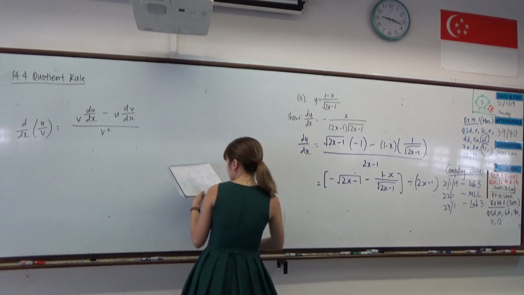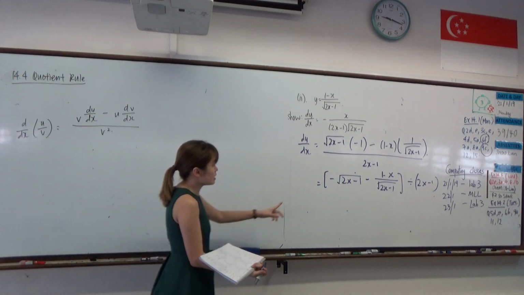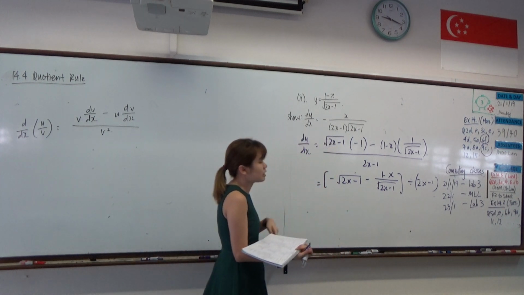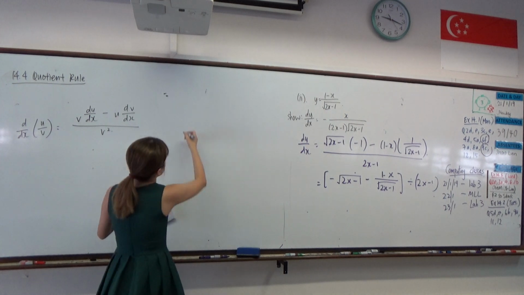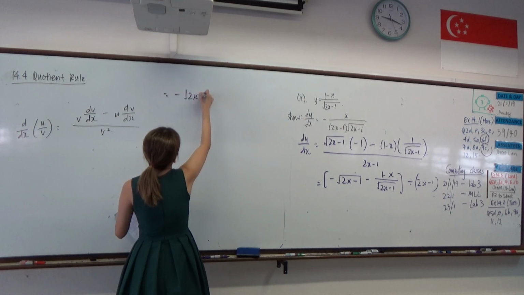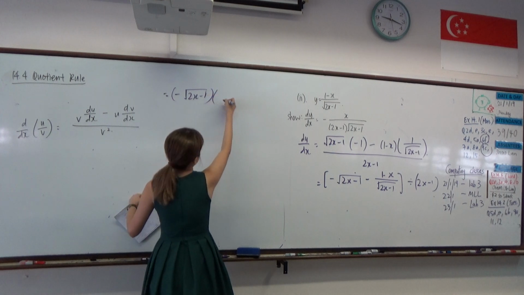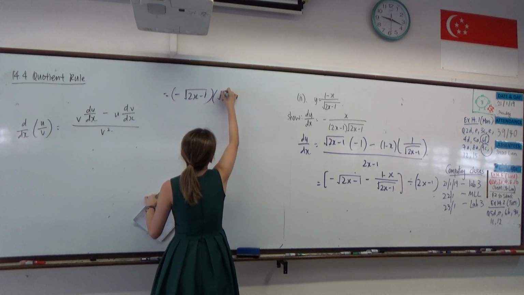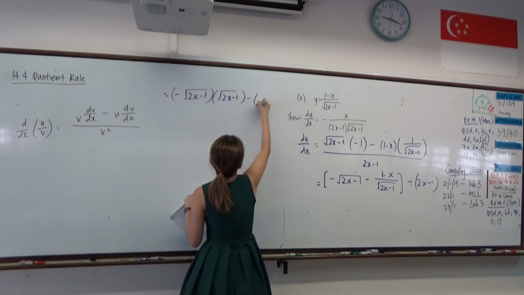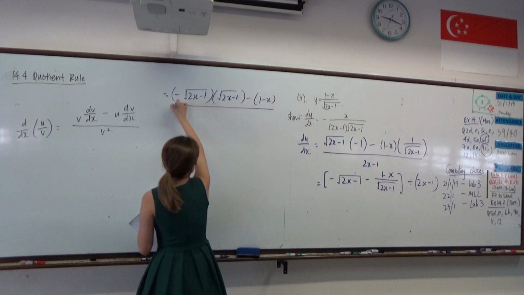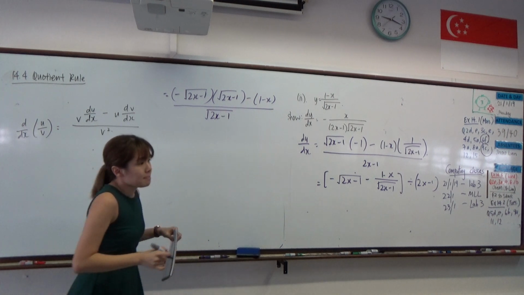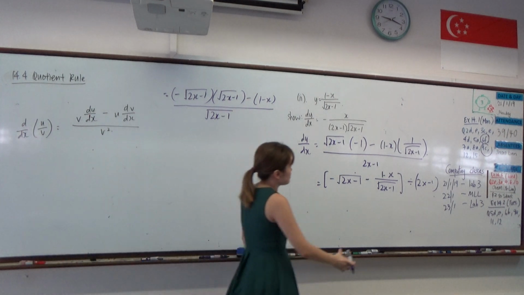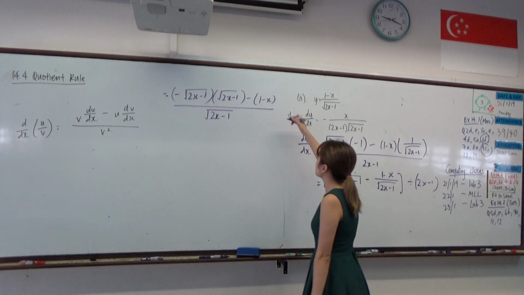Okay. So then after looking at this part on the left over here, we need to combine it into a single fraction first. So that will actually give us negative square root 2x minus 1 multiplied with square root 2x minus 1. Then after that minus away 1 minus x over square root 2x minus 1. Then after that we divide by 2x minus 1.